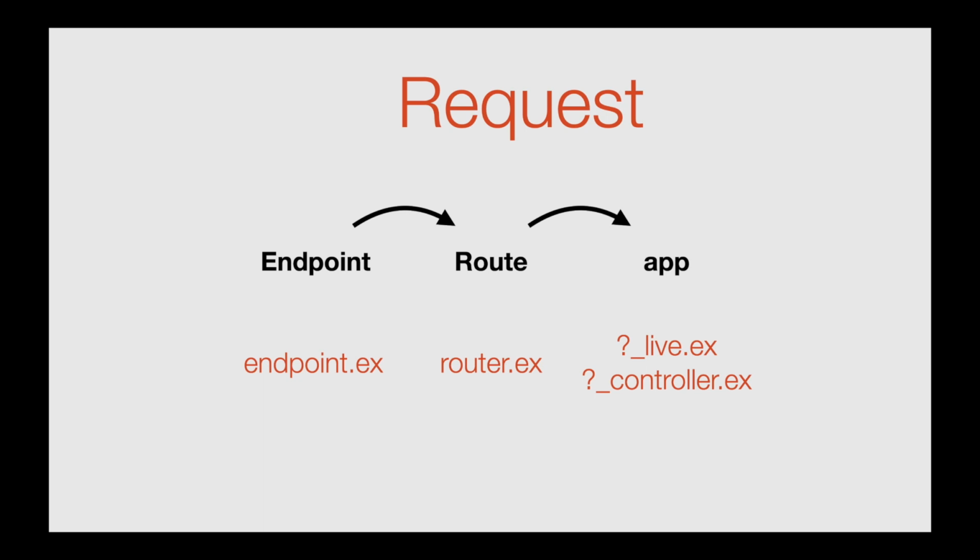Now, this is a coarse-grained look because each one of these main functions starts by taking a thing called a plug connection that describes a request, and then they slowly add to this connection using plugs, which add individual tiny bits of policy, and eventually tell the browser what to do when we return that connection to whatever web engine we have connected to it, like Cowboy or something like that.